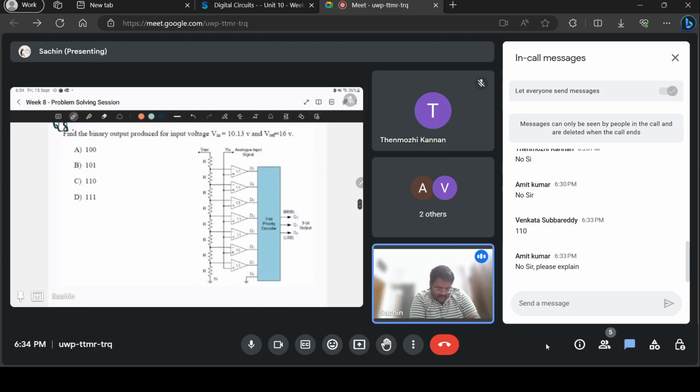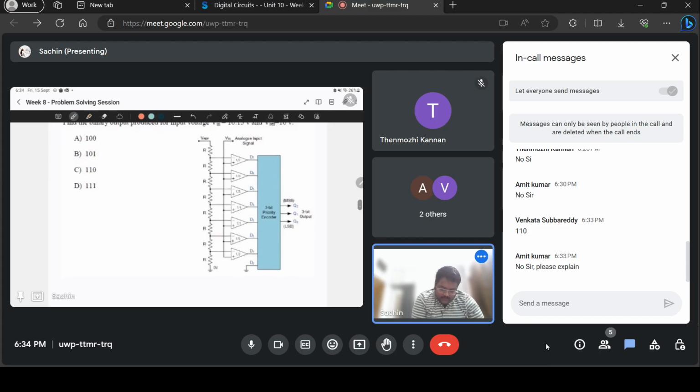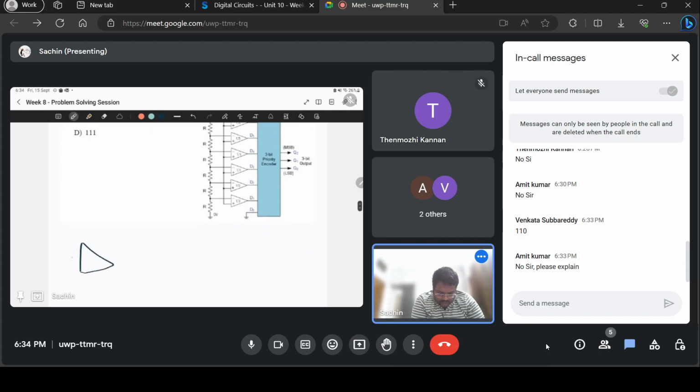I'll explain what the circuit does briefly. What this triangle type of thing is, it's called a comparator. It will amplify the difference signal. If you have a triangle type circuit and you give V minus and V plus, you'll get some output V out.